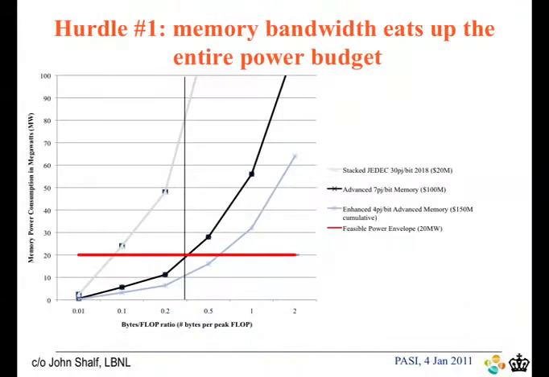Suppose that memory bandwidth alone was eating up the entire electrical power budget. Here's your electrical power budget, 20 megawatts. And these are the cost of moving bytes per flop, scaled to 10 to the 18th flops, for different generations of memory excellence, from 30 picojoules per bit, which would be a fairly non-aggressive design, to some things where the hardware designers may be able to give us more.